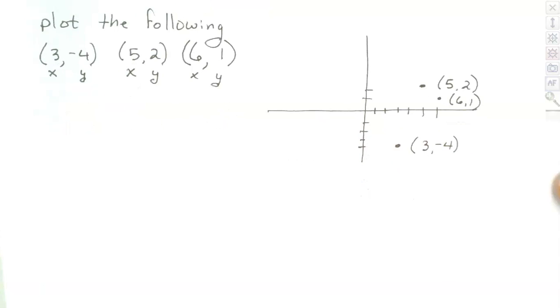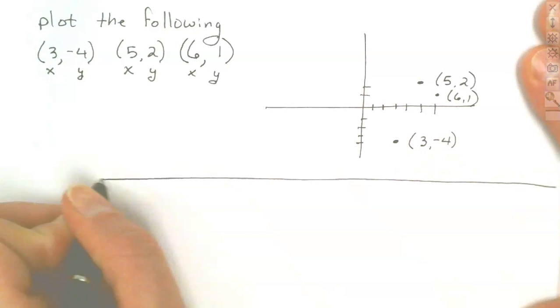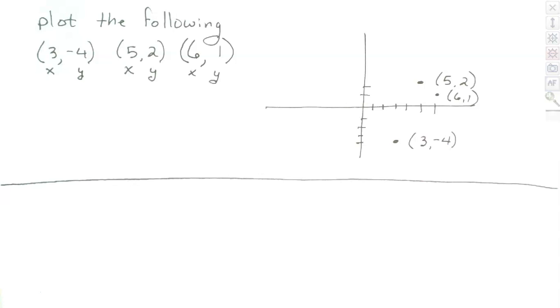There are some other things that we can do with these ordered pairs. We can find the midpoint and also the distance. The distance is new. Most of you already know how to find the midpoint, but the distance involves square roots. So we'll do the midpoint and the distance formulas, and then we'll come back and we'll talk more about the quadrants.